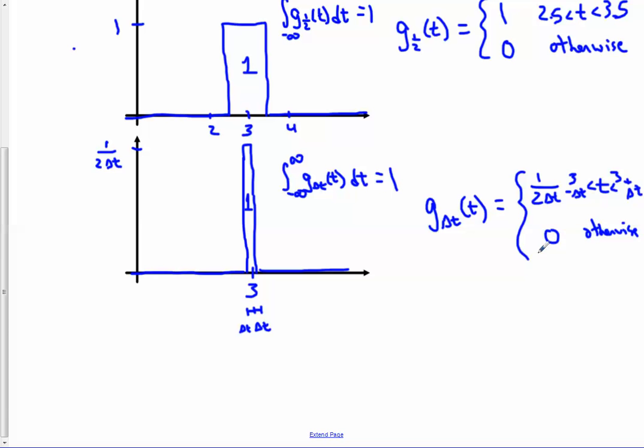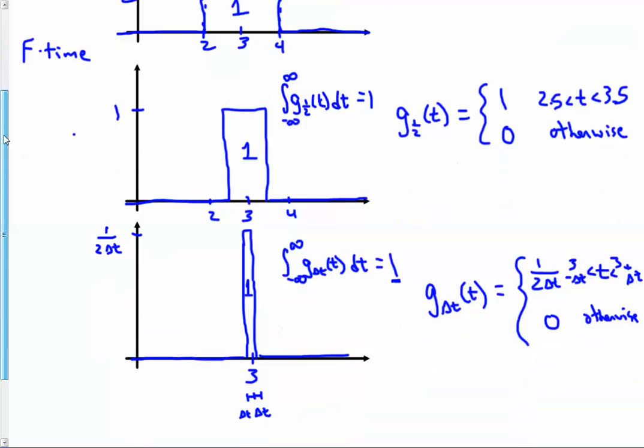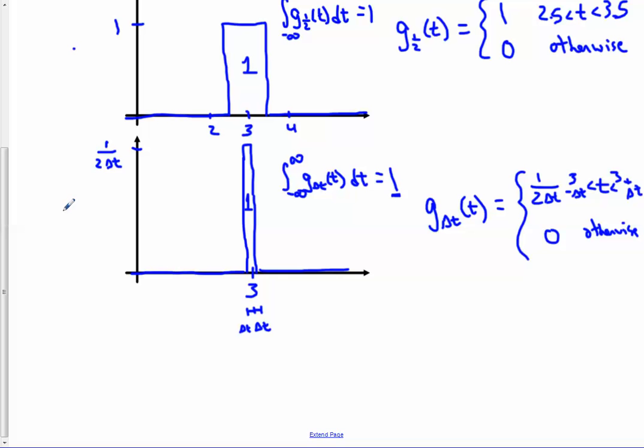So that would be the function. It lasts less time, but is much stronger while it is turned on. But it still has the same effect, and that's the point. In a lot of applications, these three situations are going to amount to pretty much the same thing overall, the same net effect.